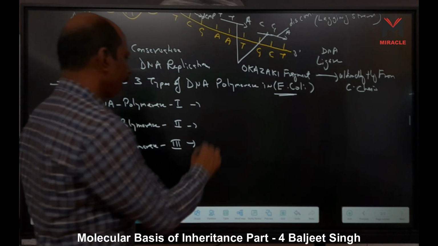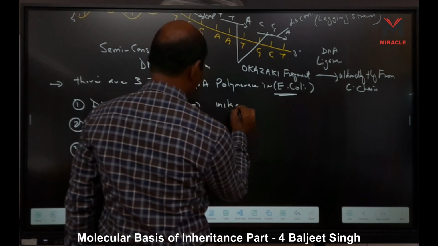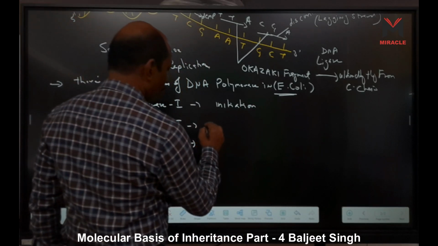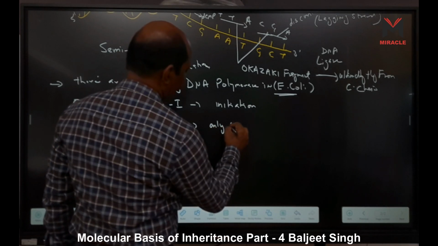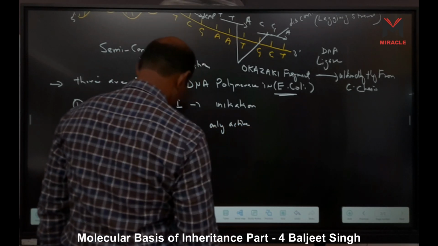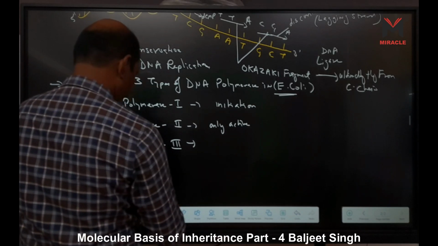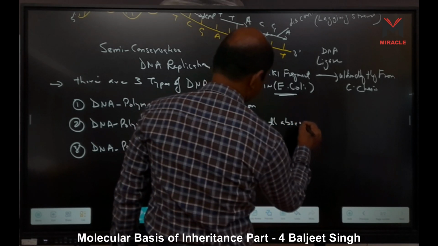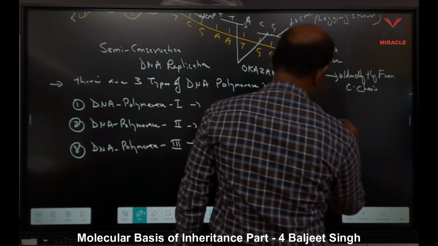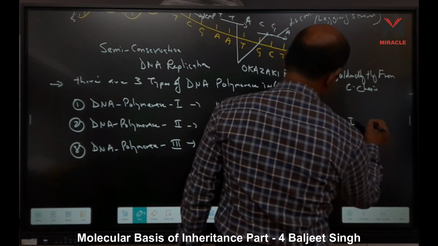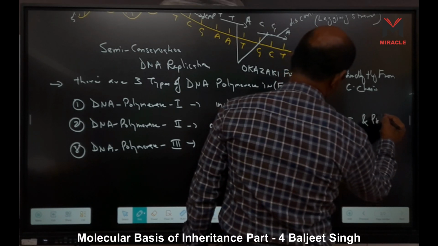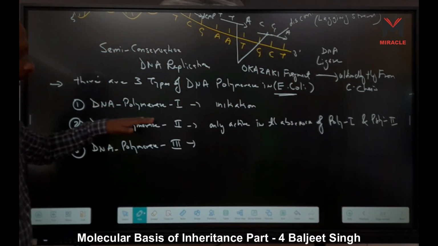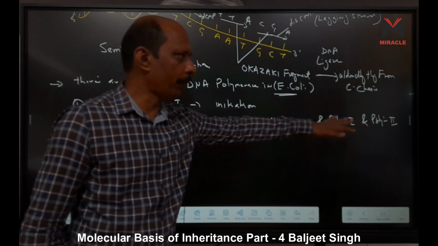This first one is responsible for the initiation of replication. The second one is only active in the absence of polymerase first and polymerase third.